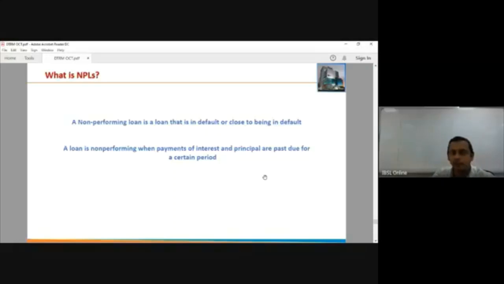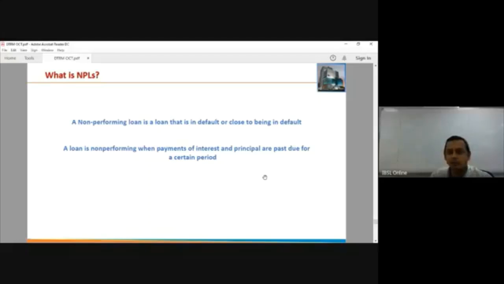A non-performing loan is a loan that is defaulted or close to being defaulted, right? If it's a prudent bank, they may not wait until the customer defaults. If they know that this customer is going to default, they immediately transfer that to NPL. Otherwise, they can wait for that timeline and do that.